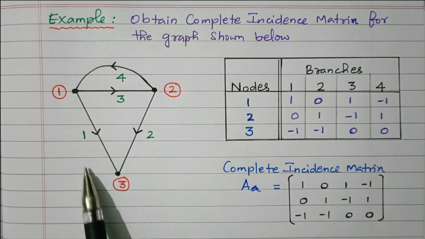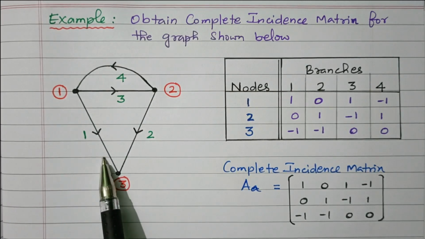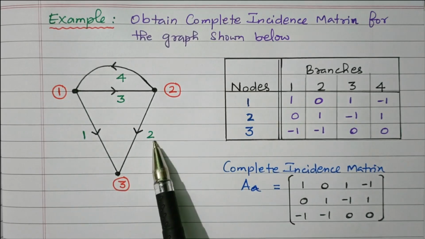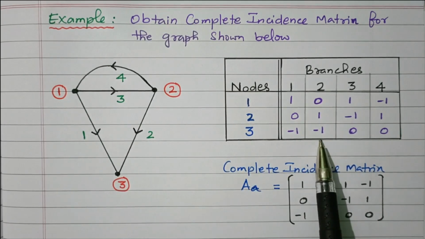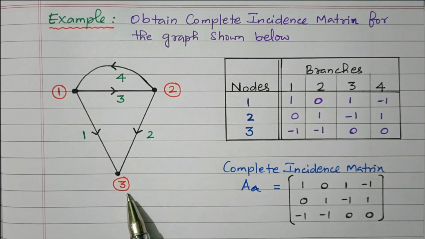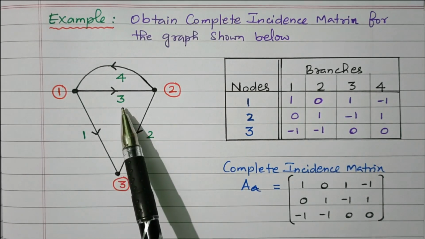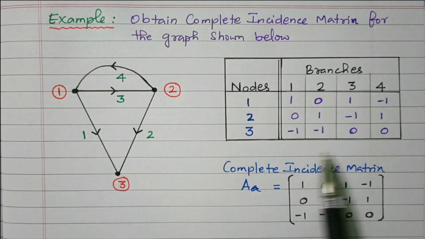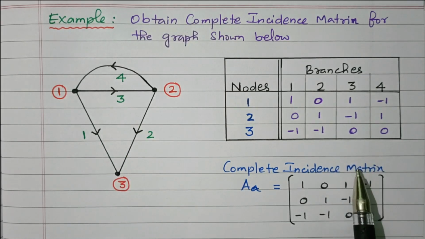Right. Now we'll go to the third node. Third node and first branch coming inside, so minus 1. Third node and second branch also coming inside, so minus 1. There is no connection between the third node and branch 3 and branch 4. Not connected means 0. So this can be written in a matrix format.